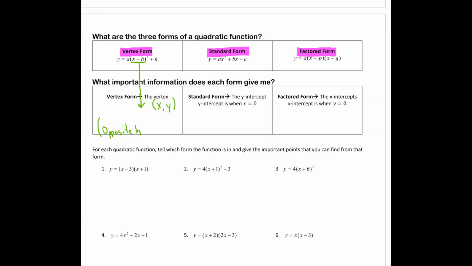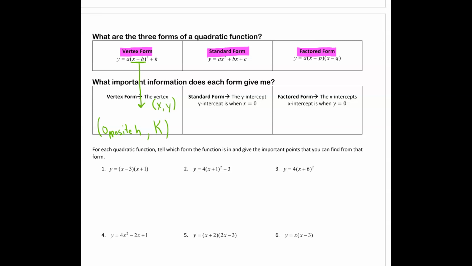So your walls are these parentheses. So you're going to take the opposite of the h value, and that will be your x coordinate. And then you're going to take k, and k is just this number added or subtracted onto the end. And you're not going to do the opposite of k. You're just going to leave k as it is. So when you take k, that'll be your y coordinate.